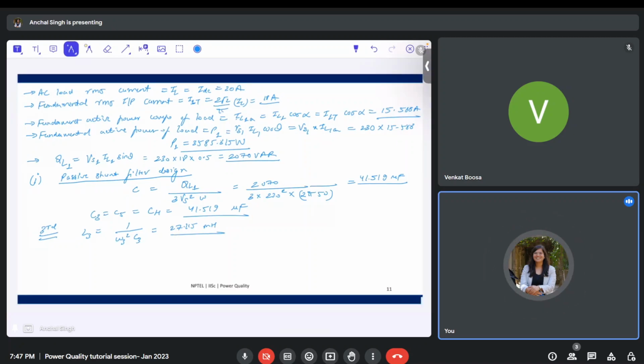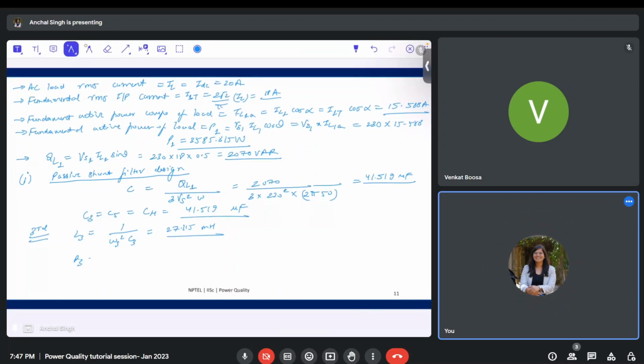Similarly, R3 will come out to be, so Q is equals to X by R. So R is equals to X3 by Q3. And since this is a low pass filter, let me assume Q3 to be 20. So Q3, if I assume 20, X3 is omega 3 L3. So this R3 value will come out to be 1.278 ohms, right?